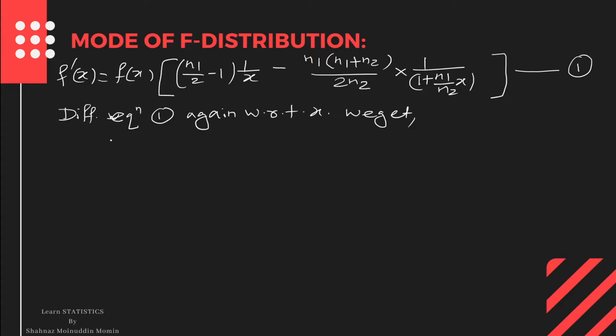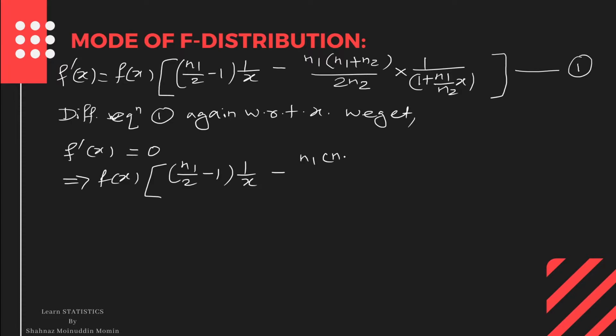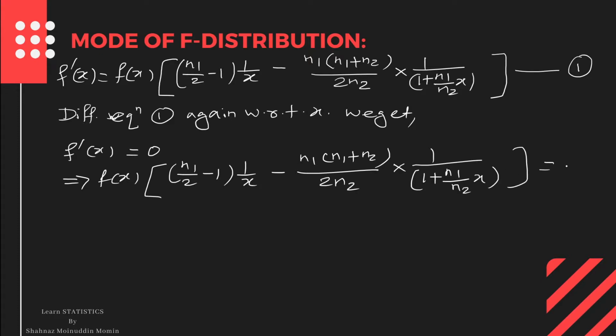Now before differentiating equation 1, let me equate f dash x equal to 0. This will imply we will differentiate equation 1 later on. Then f of x into (n1 by 2 minus 1) upon x minus (n1 plus n2) divided by twice n2 into 1 upon (1 plus n1 by n2 x) is equal to 0.